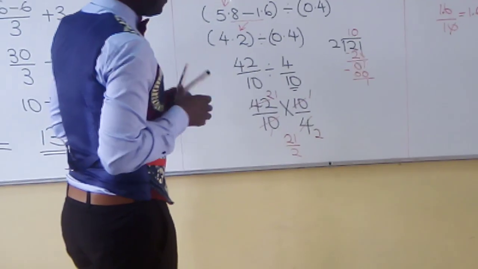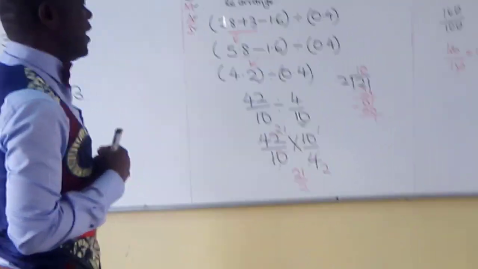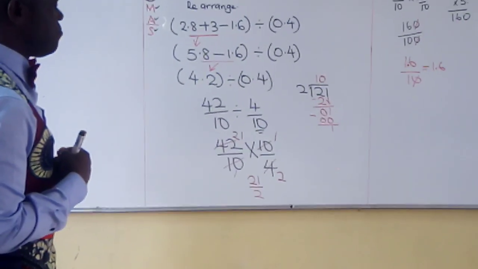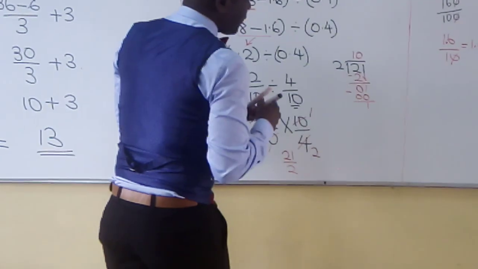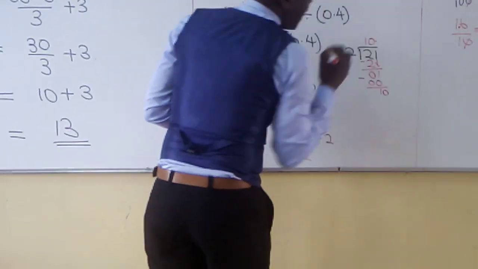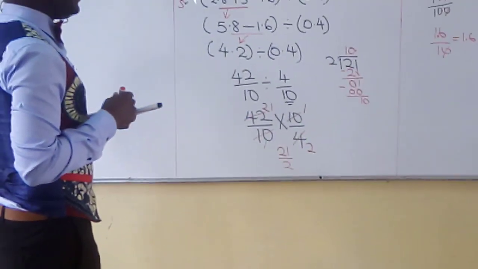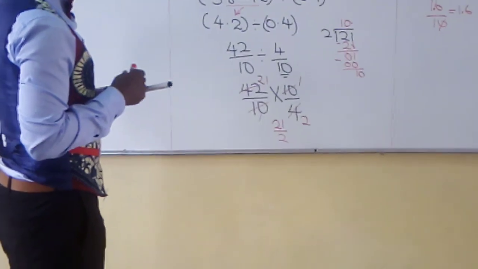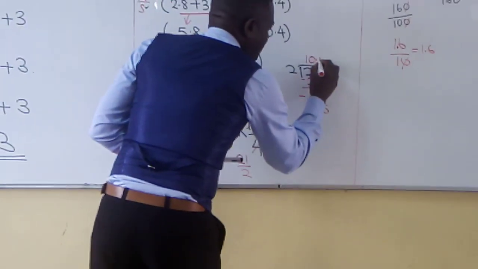So, what is 1 divided by 2? We add a 0 and put a decimal there. What is 10 divided by 2? 10 divided by 2 is 5.